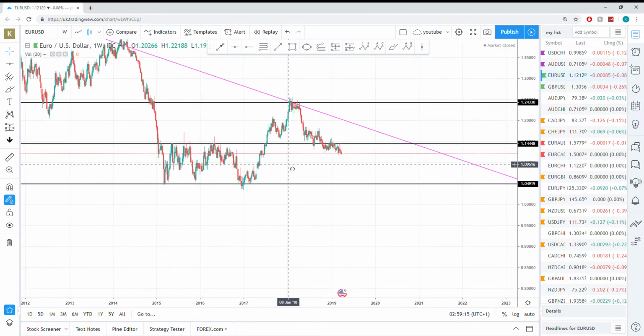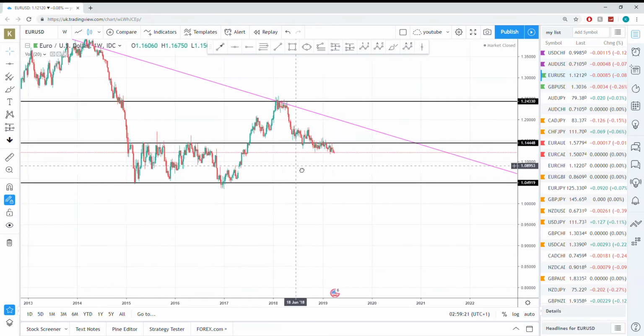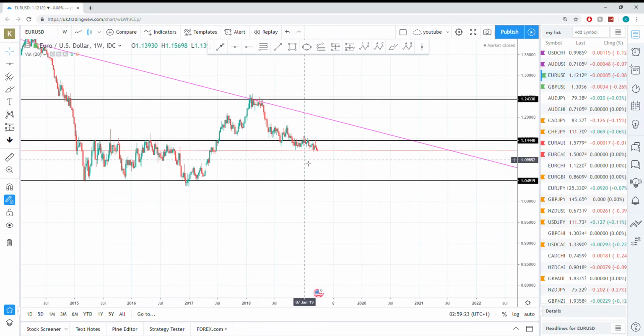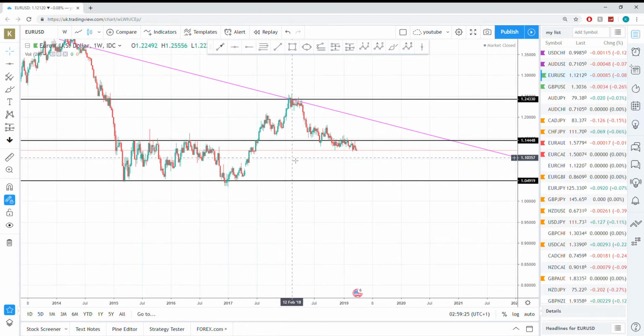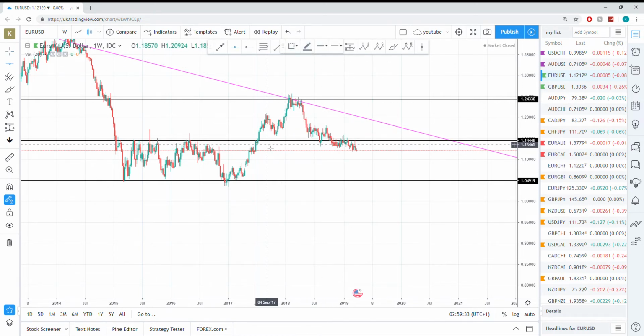Okay, so we're on the weekly. Let's see, we can see some other key areas here. I think the monthly might just do it actually, to be fair. Could get one in about here. So I change the color of it on the week to just a bit grey.